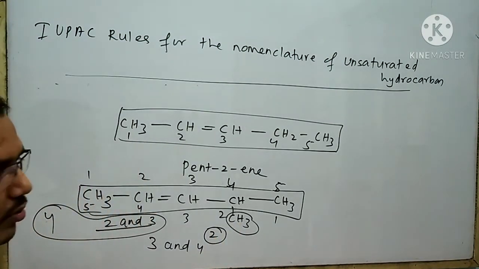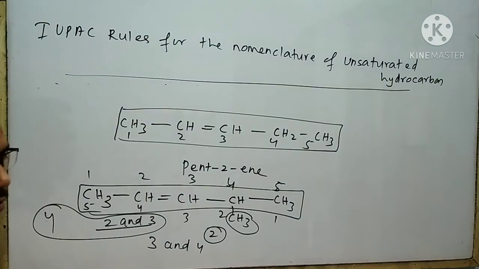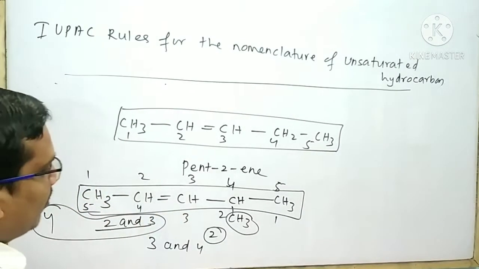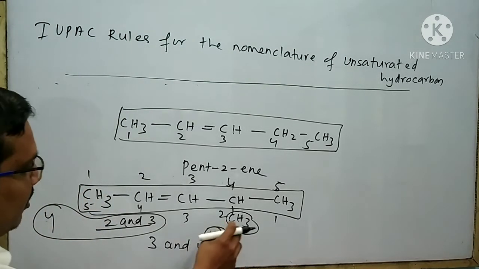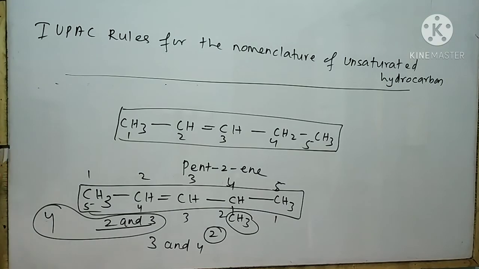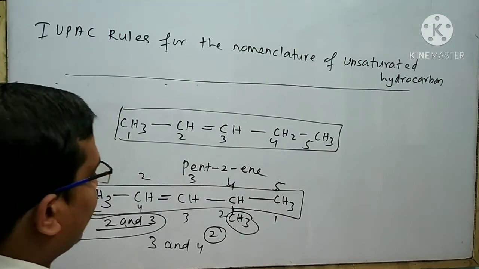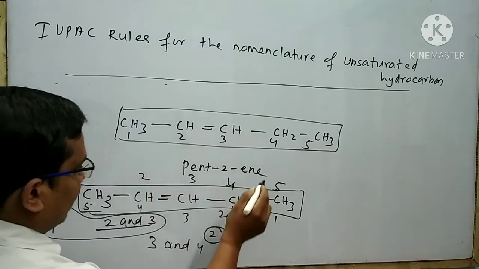According to the rule, you focus on the double bond, don't think about the side chain. That means it is bound to give more priority to the double bond. Do not give the priority towards the substituent. At first, you give the priority to the double bond, then you can give the priority to the side chain. So according to the rule, this is the correct numbering.